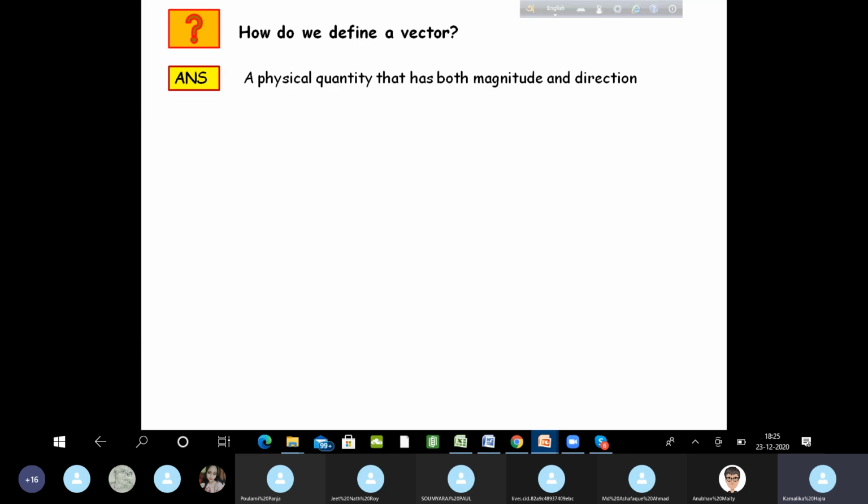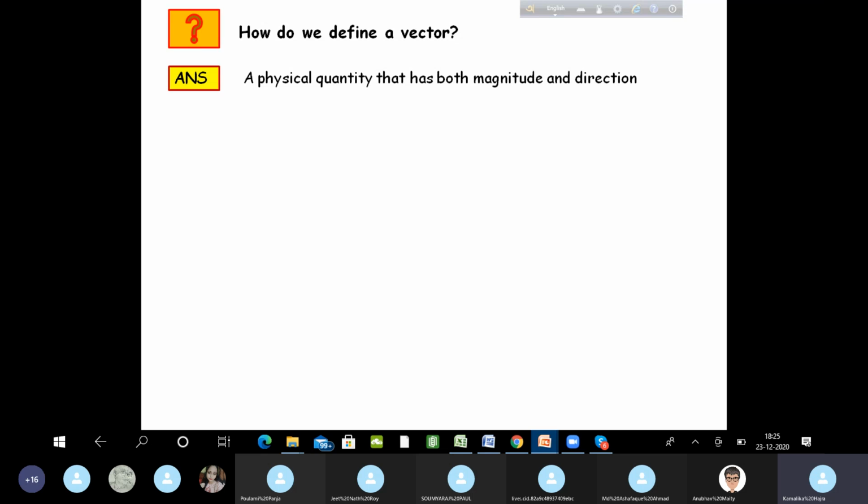The definition of vectors that we learnt in school was that a physical quantity that has both magnitude and direction is called a vector. We were learning physics and science, and suddenly in class 9 we were told that all these quantities can be categorized into two groups.